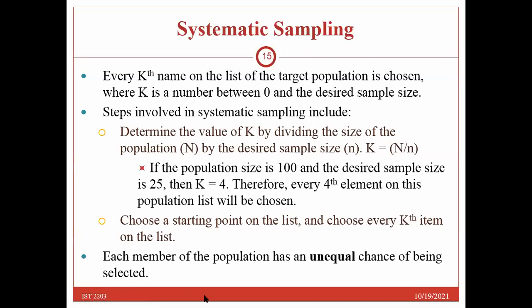Here you see that each member in the population has an unequal chance of being selected. True, they have a chance of being selected, but it's unequal. It depends on who's lucky to be the fourth. So it's different from simple random, whereby everybody has an equal chance of being selected. Yeah, it is unequal.